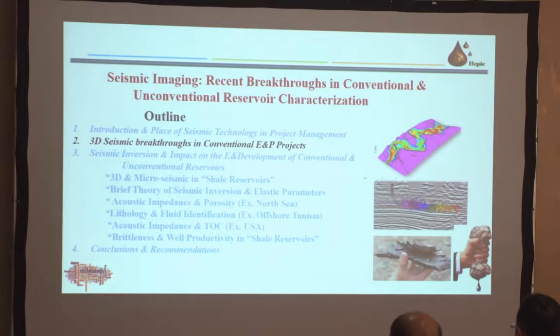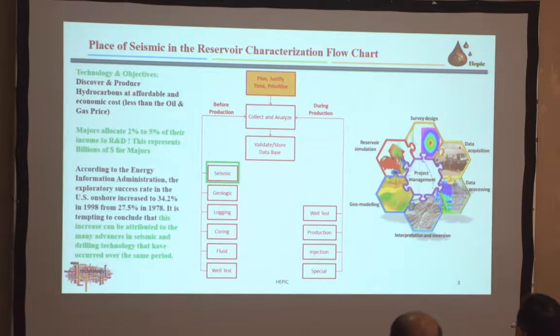So in a few decades it has improved much. And they conclude that this increase can be attributed to the many advances in seismic and drilling technology that have occurred over the same period.